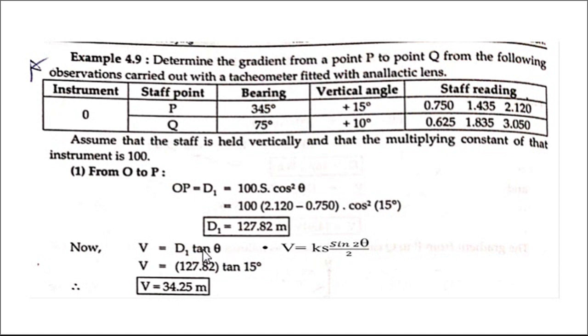So substituting value V is equal to D1 we have calculated 127.82 into tan of 15 degree. So V is equal to 34.25. So for the first position O to P, we have calculated horizontal distance and the vertical distance.